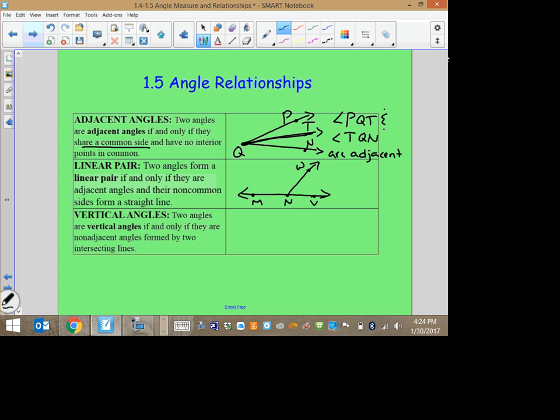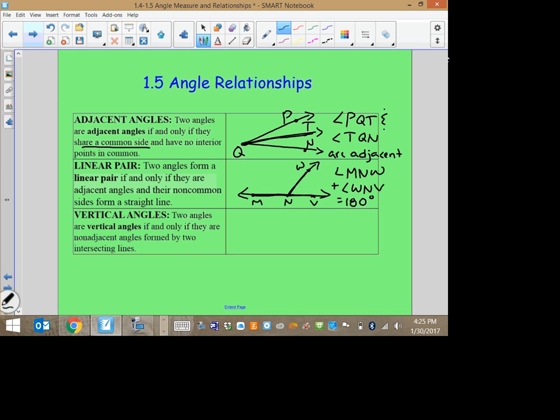So we have our two adjacent angles, MNW and WNV. But notice that they make a straight line, so that means that they are a linear pair. So linear means line, 180 degrees. So angle MNW plus angle WNV equals 180 degrees. And also note that they are adjacent as well.